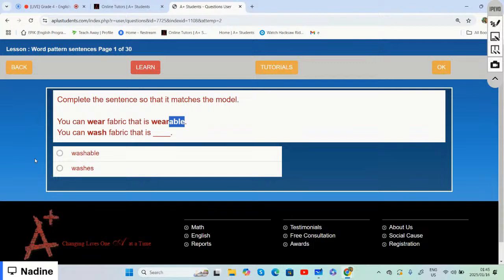And if we were to choose the correct option, if it's wearable, then it means that it is washable. We also added the suffix able to that word.